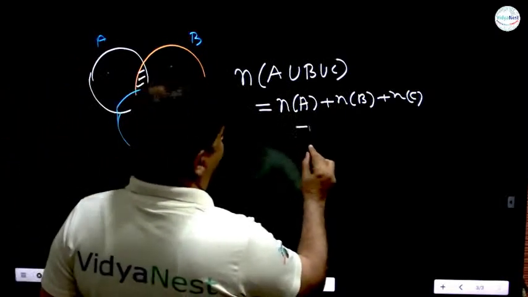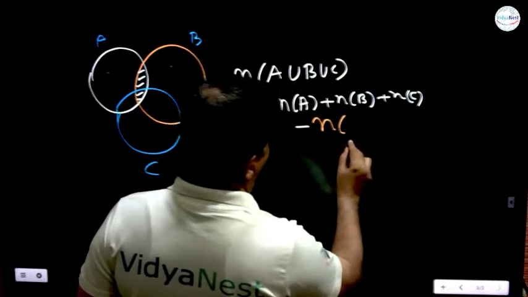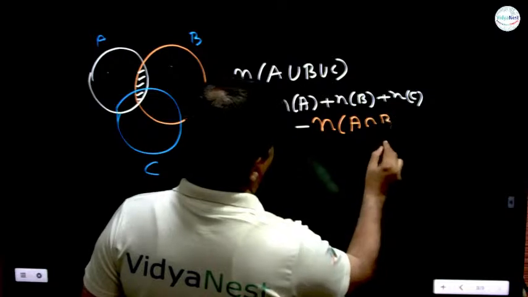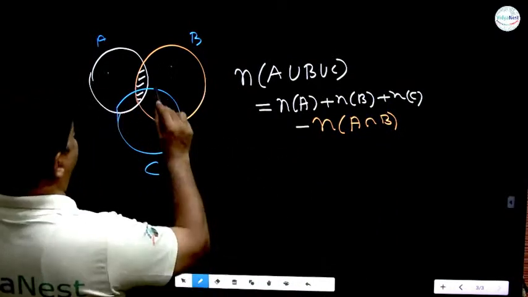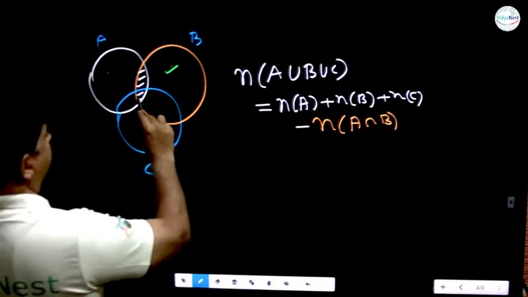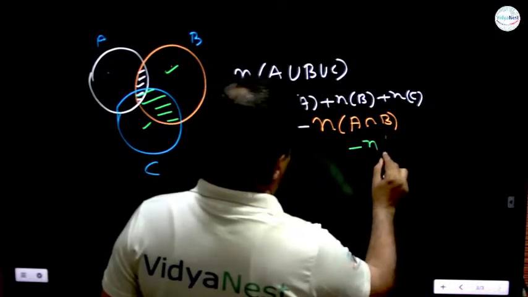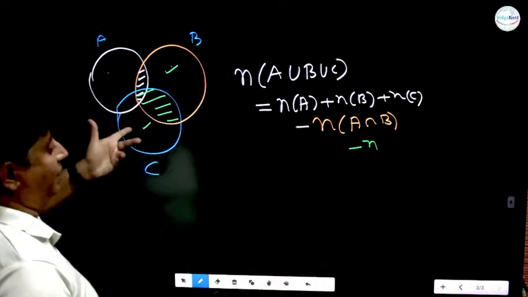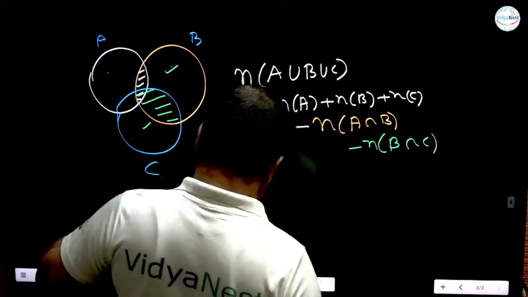So one common region has to be subtracted. When you are adding these two, this common region you are counting twice, so one has to be subtracted.